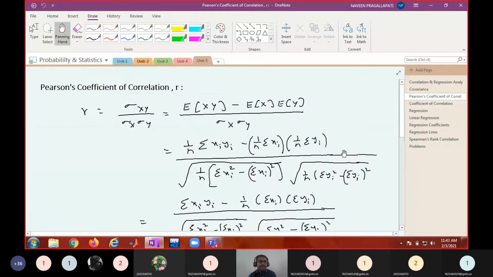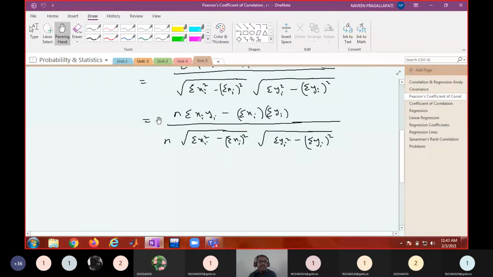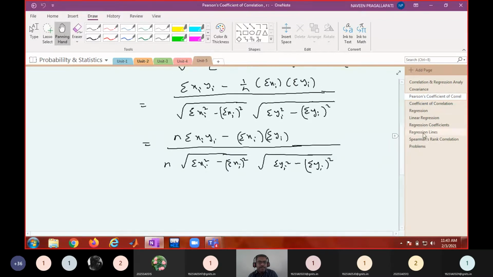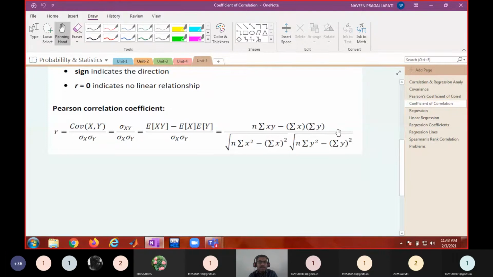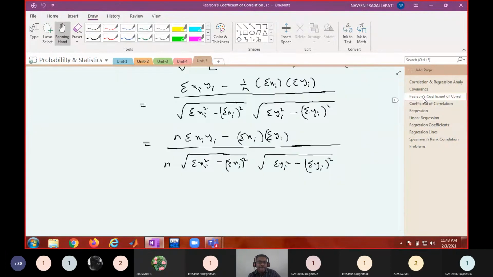After that we have expressed this coefficient of correlation in terms of sigma xi and sigma yi like this. This could be the formula for the coefficient of correlation. These two are equivalent formulas.